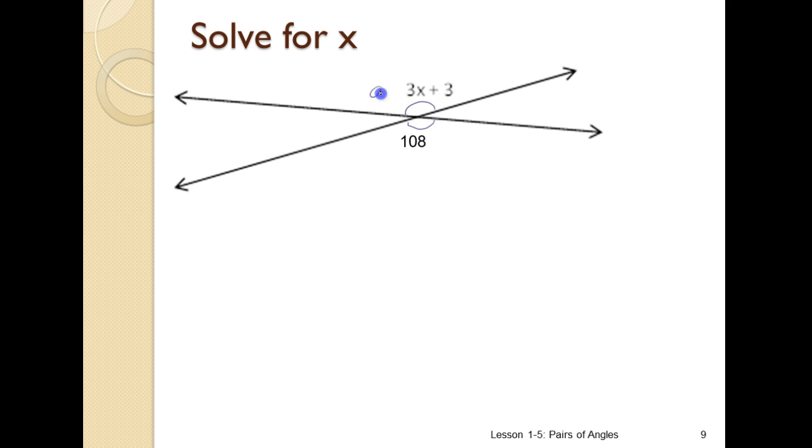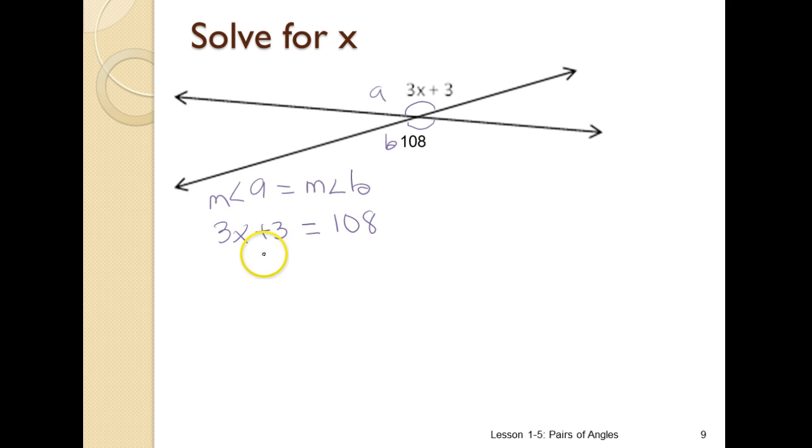Let me call this angle A and this one angle B. The measure of angle A is equal to the measure of angle B. Angle A is 3x plus 3, so 3x plus 3 is equal to angle B, which is 108. And then from there, we just solve the equation.